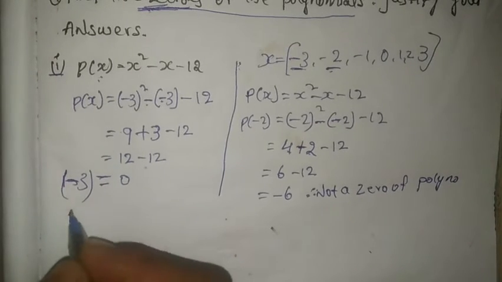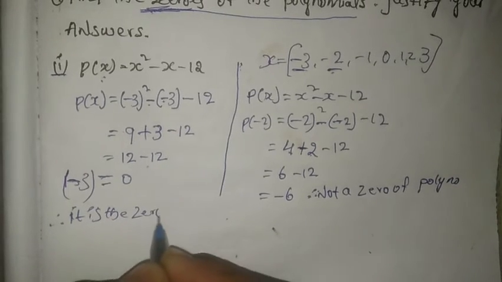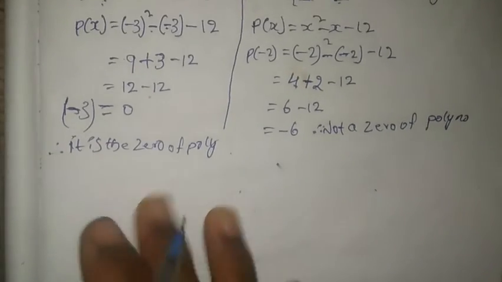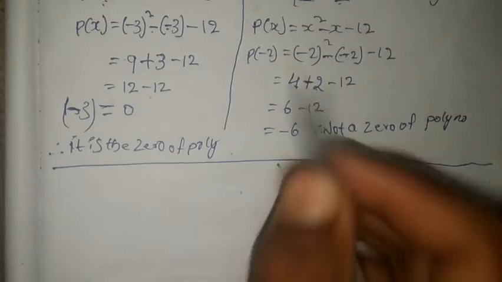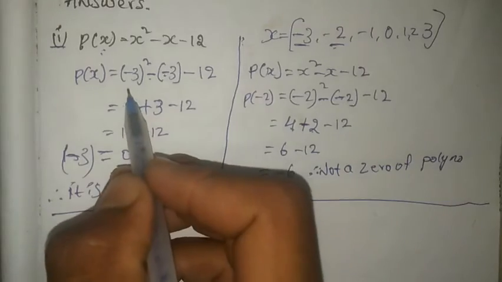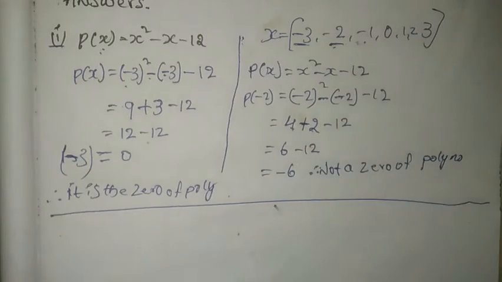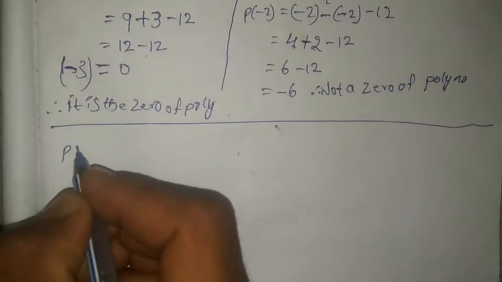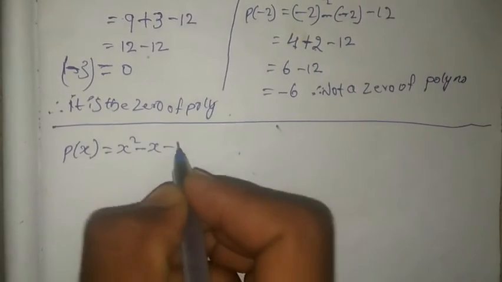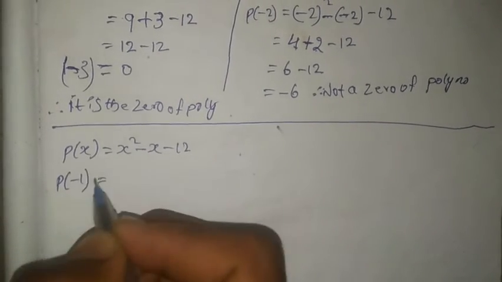So now you have to take another value. In two problems we took minus 3 and minus 2. Now we take minus 1. So the equation p of x is equal to x square minus x minus 12, and the x value is minus 1.